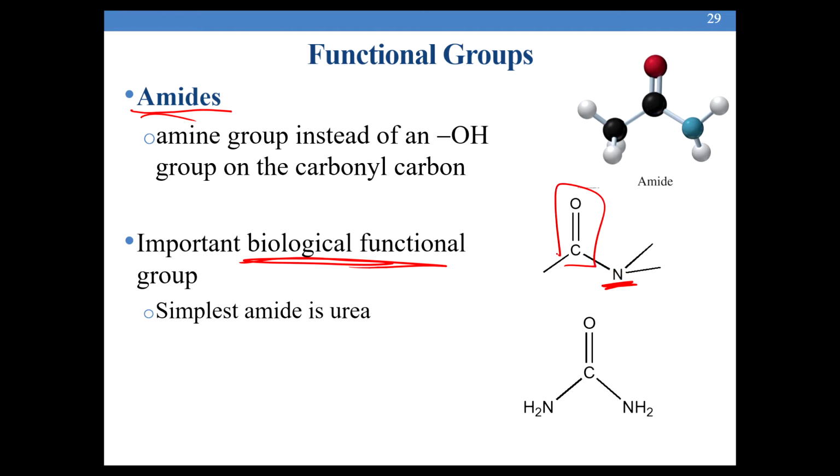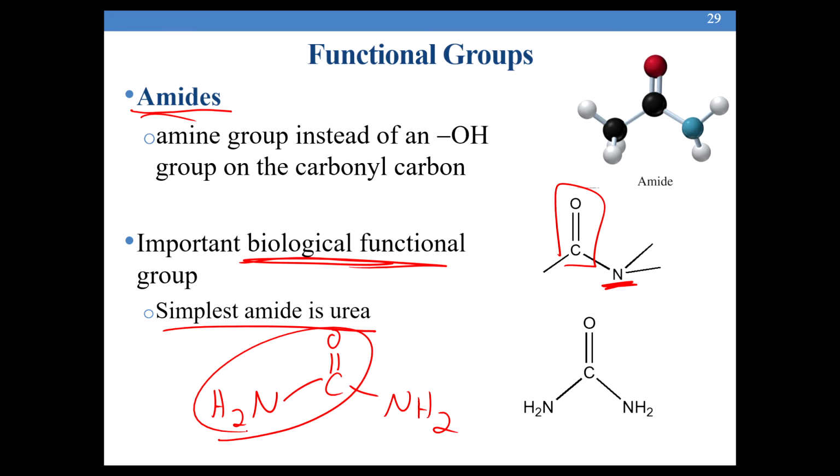The only difference is an N or a D, but the amide has nitrogen plus this extra component. The simplest amide out there is urea. Urea is what comes out when your body breaks down protein that you eat, in the urea cycle, if you ever had to learn that in a biology class. So that there is an amide functional group. You see amide functional groups in proteins all the time, so they're very common in biological substances.